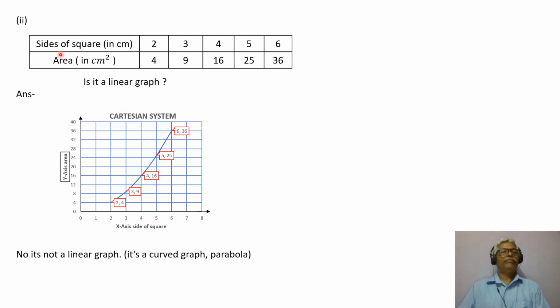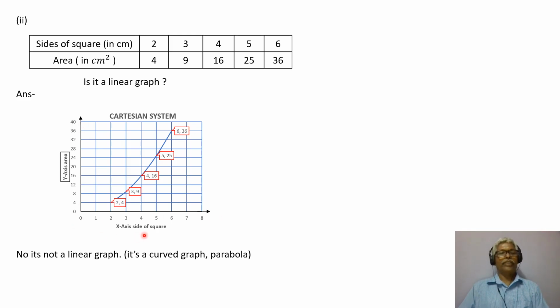In the second one, we have sides of square against area. The sides are the same: 2, 3, 4, 5, 6, and the area of the square is 4, then 9, 16, 25, 36. And again the same question is asked: is it a linear graph? So we'll answer this. We are drawing two axes, x-axis and y-axis.